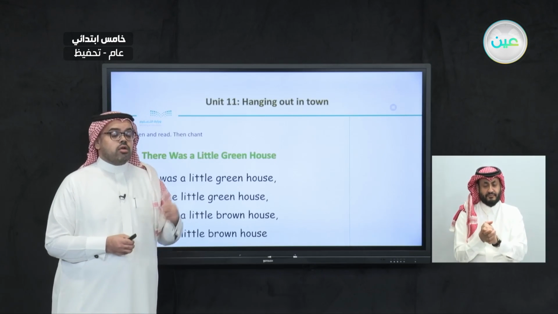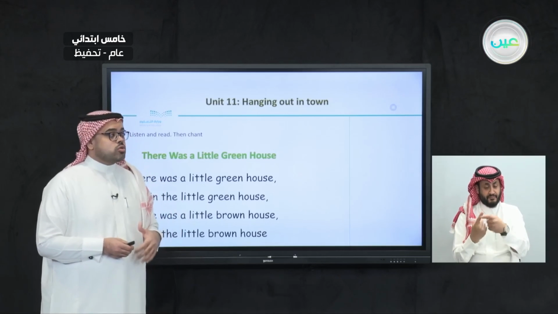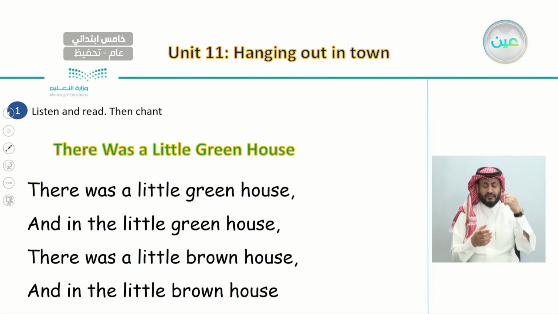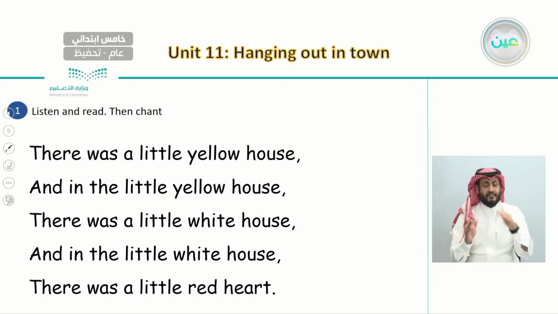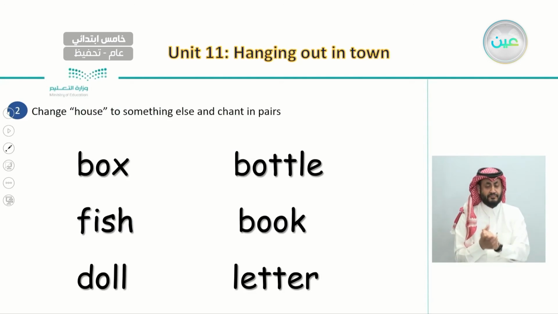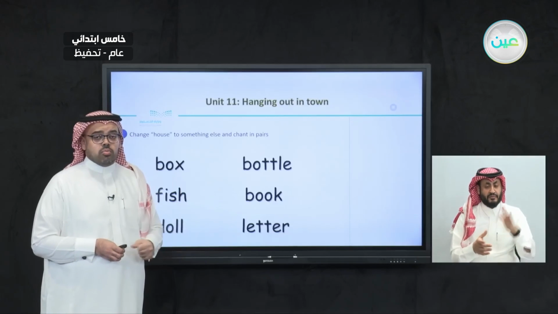In this way, first, we're going to imagine and think of a different chant or different picture. Instead of the green house, the yellow house, the white house, we can also think of a green box and yellow box, or a green bottle and yellow bottle, or a green book and yellow book.